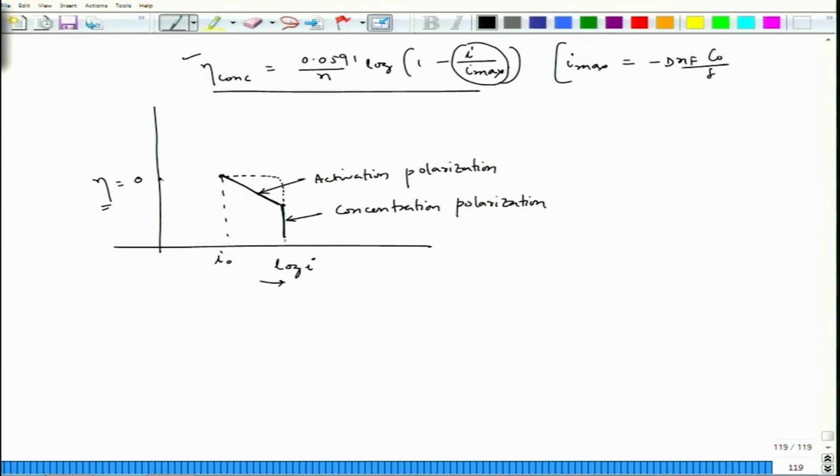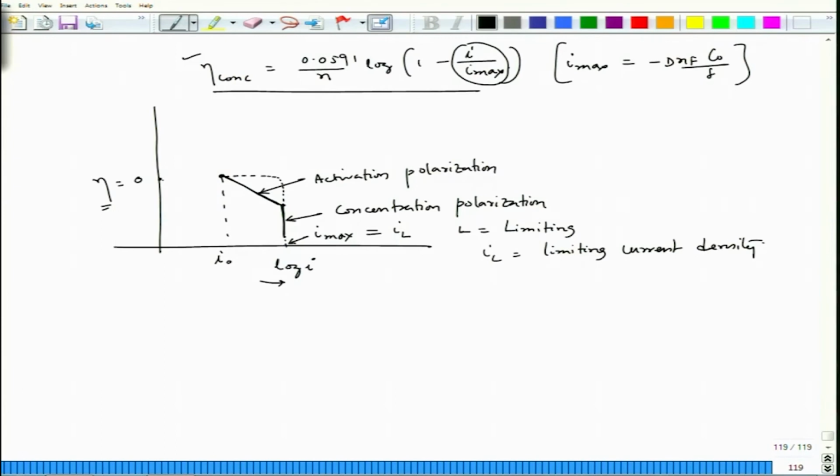And this particular current density for that particular reaction is I max. This is also termed as I L, where L is nothing but limiting. So, this is I L equal to limiting current density.